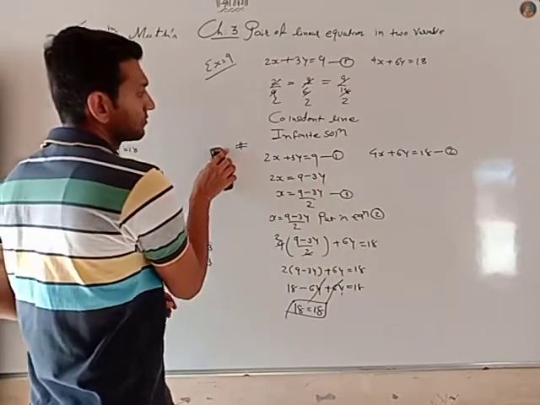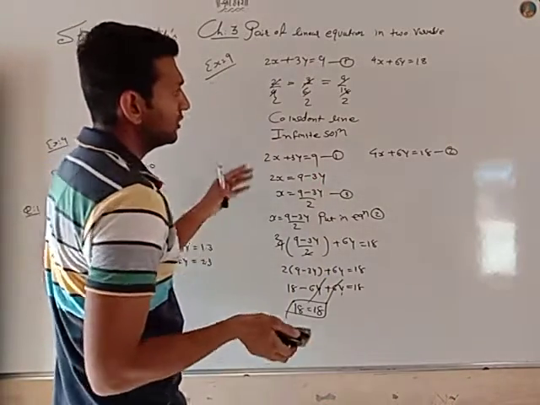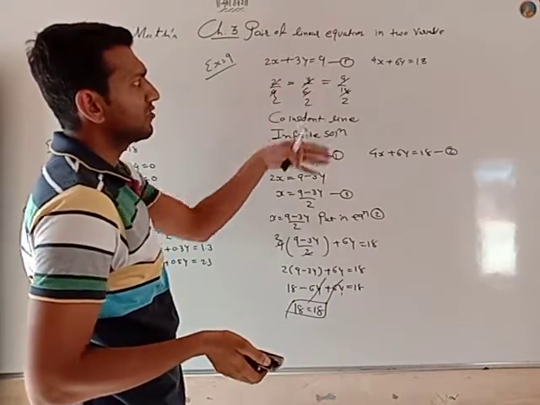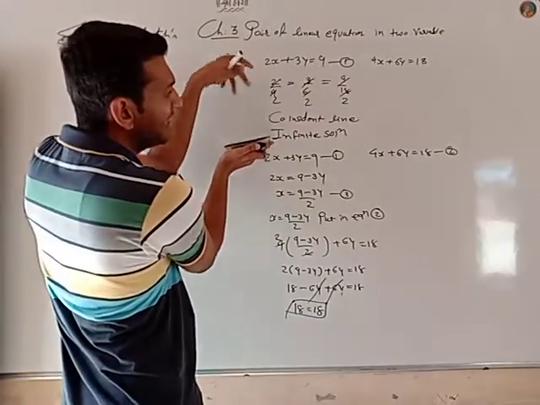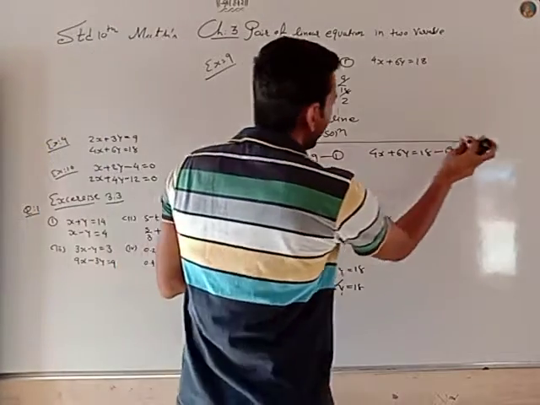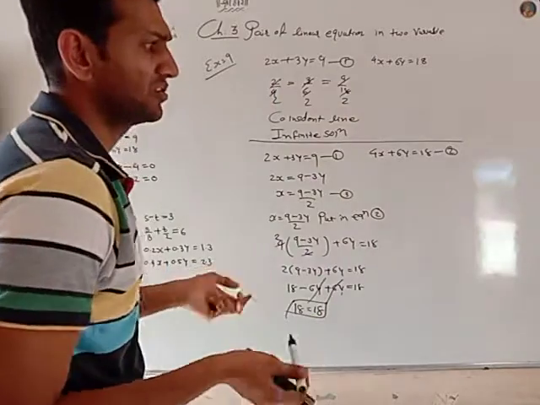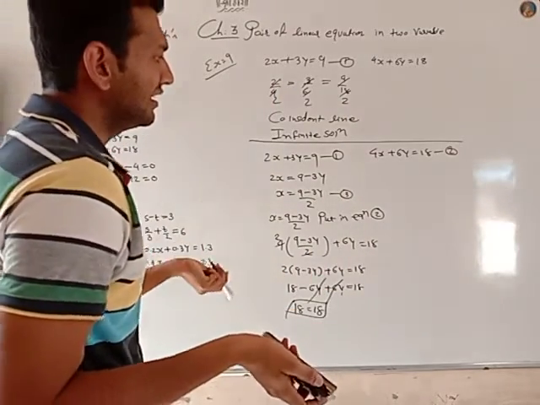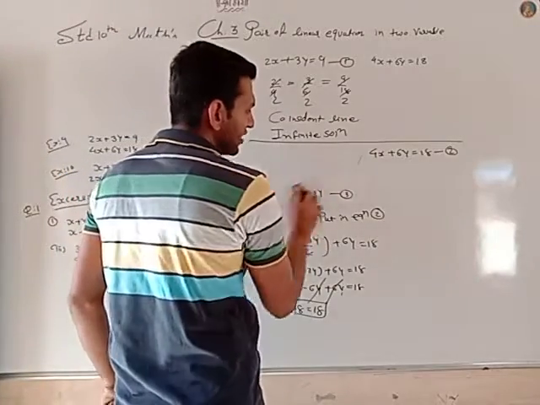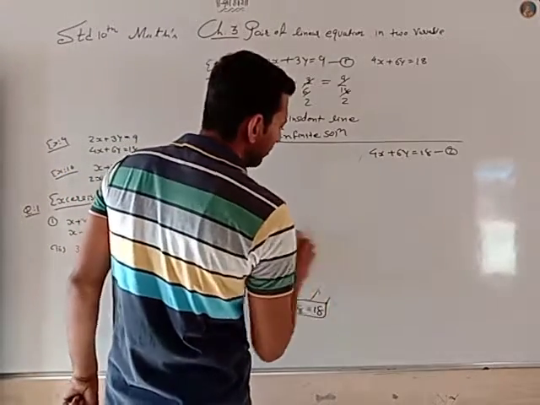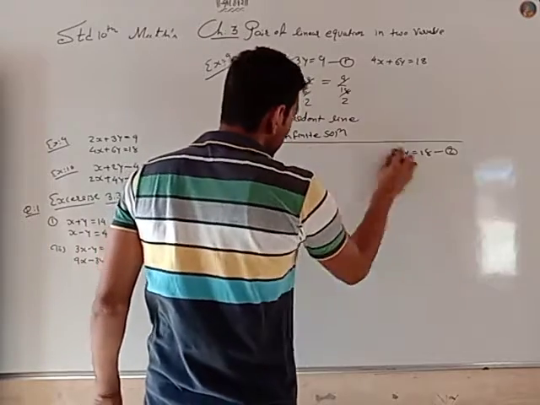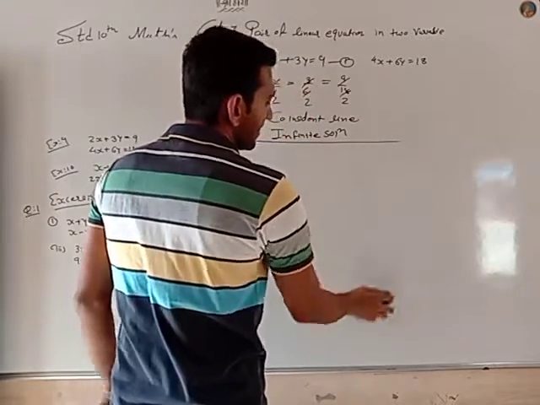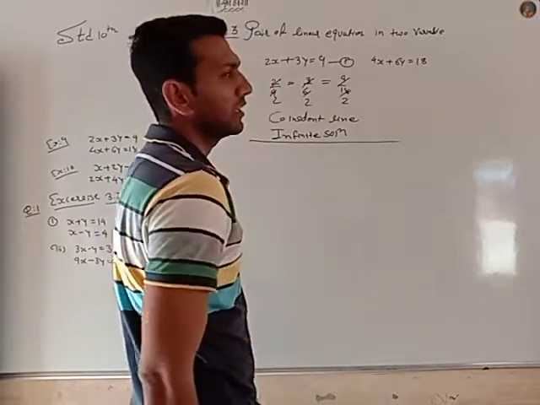In exam, if they ask to solve this equation, you should do up to here. Infinite solutions means you cannot find the solutions. More than one solution, you can't find by any method, substitution or elimination. We will learn two other methods, elimination method and cross multiplication method.